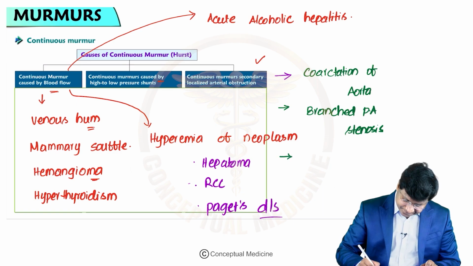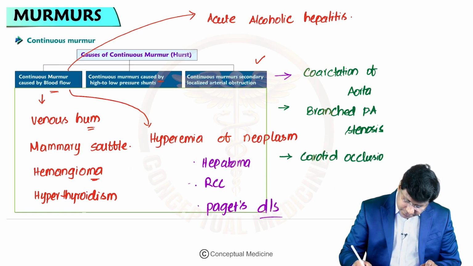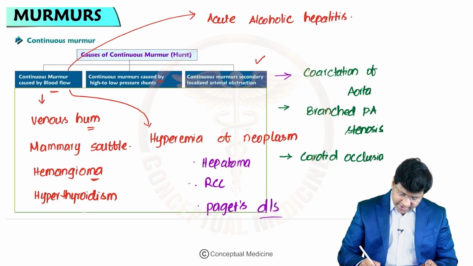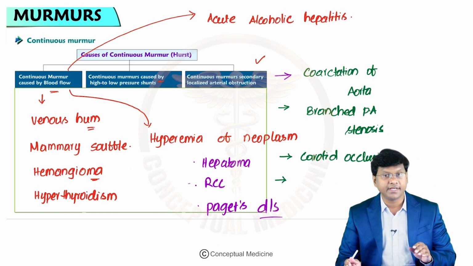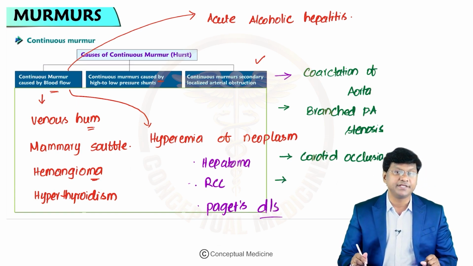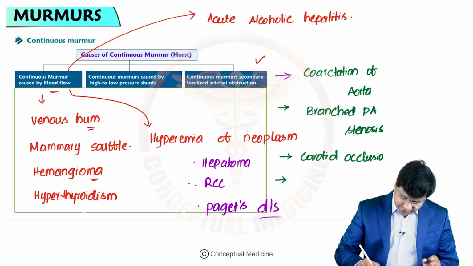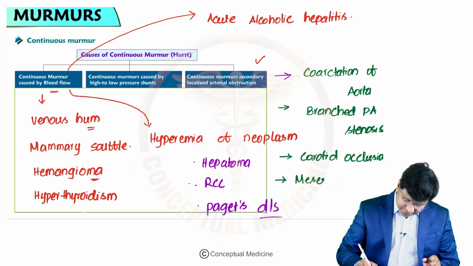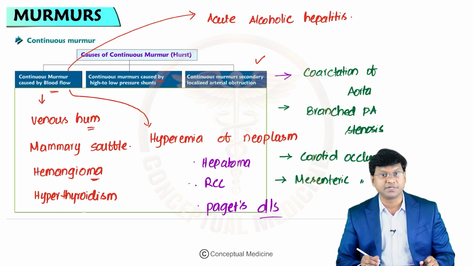And then in patients with carotid occlusion, there will be a continuous murmur, and in patients with mesenteric occlusion, there can be a continuous murmur.